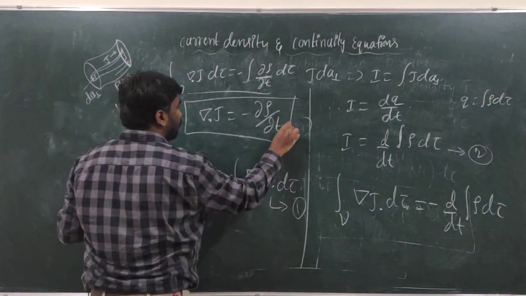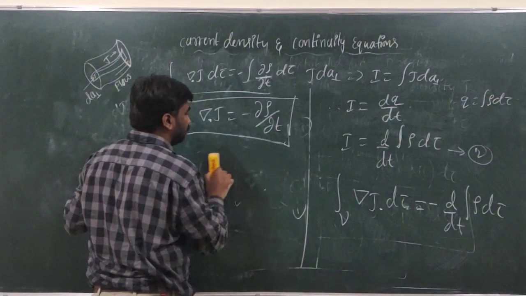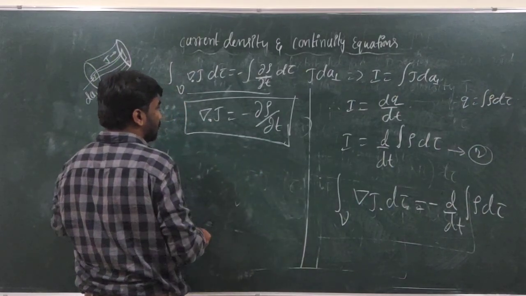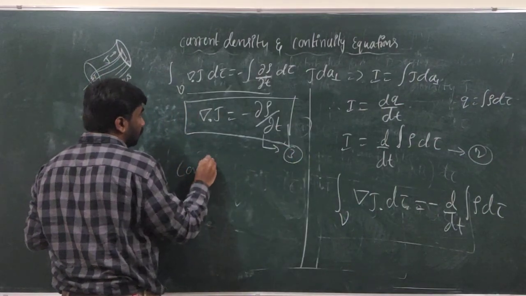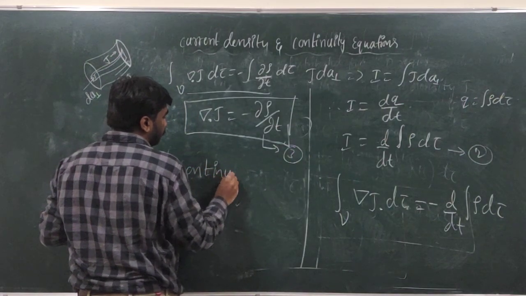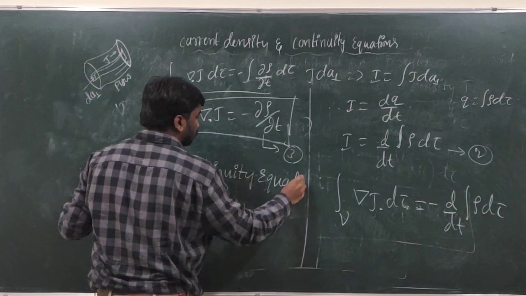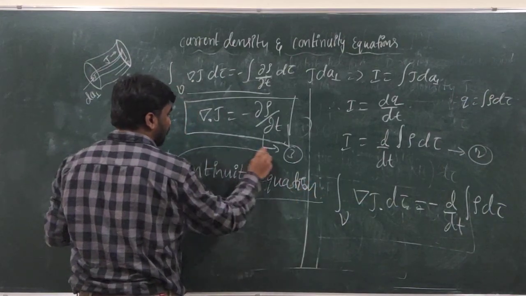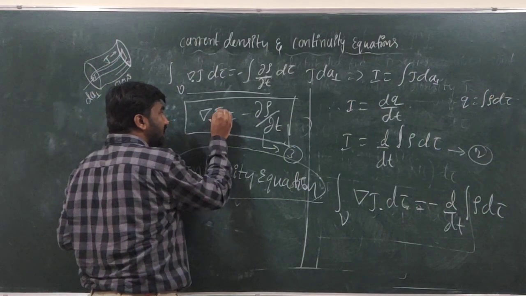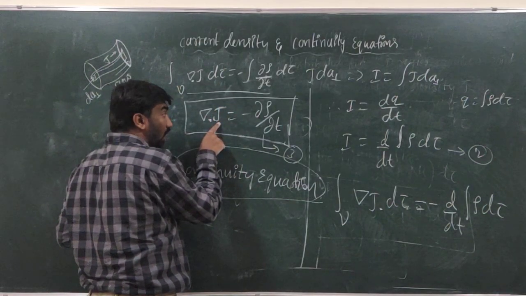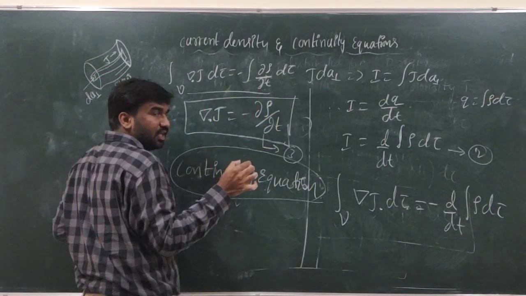This is my continuity equation in magnetostatics. So this equation number 3 represents the continuity equation: del dot J is equal to minus dou rho by dou t, where J is the volume current density and rho is the charge density.